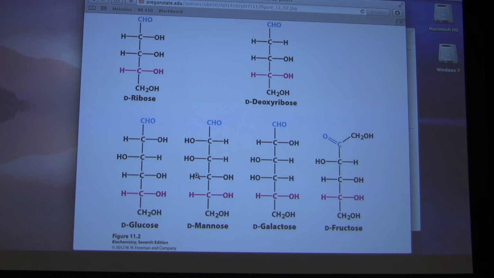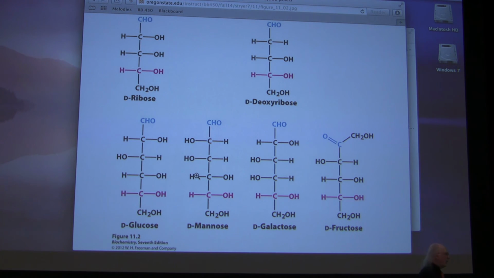If I were to say, what is the structure of L-glucose, I would hope that what you would draw me would be the mirror image of glucose. What does the L sugar look like? The L sugar configuration of glucose, instead of being right, left, right, right, will be left, right, left, left.